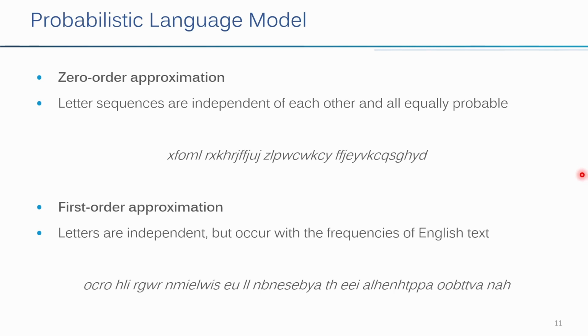Now, if we are considering the frequency of letters in English text, we see that it doesn't exactly make much sense, but you see that we are getting there. At least we have some attempts here, okro or EU and so on.